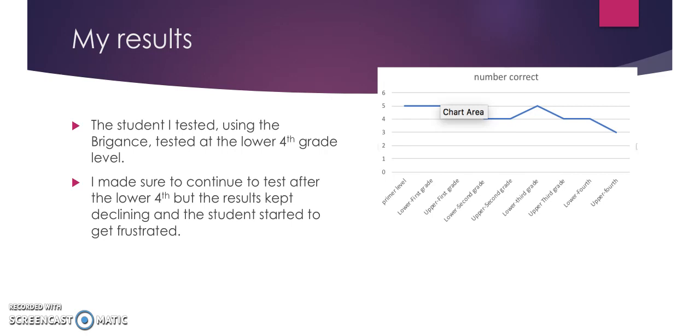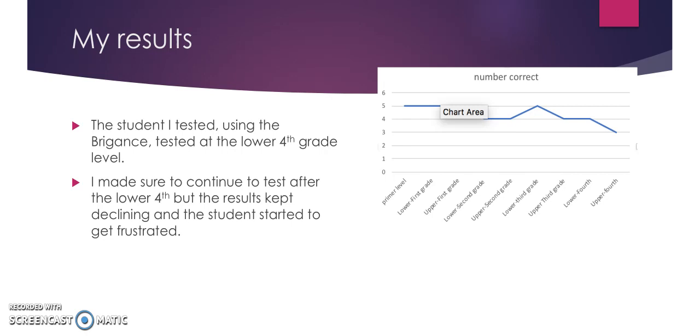As you can see, the primer levels is very consistent until about the upper 1st grade level. So after the upper 1st grade level, you can see that the results drop down from 100% to 80% correct.